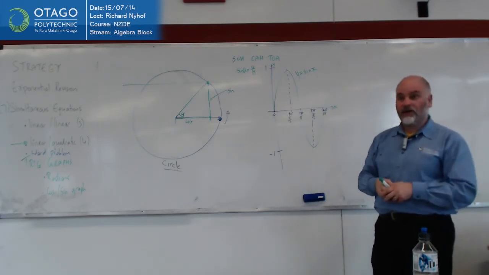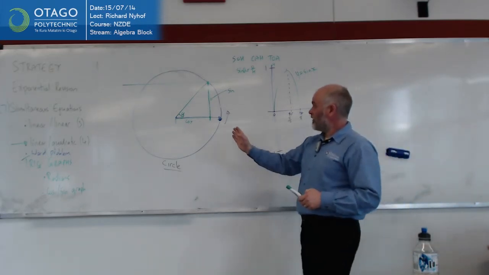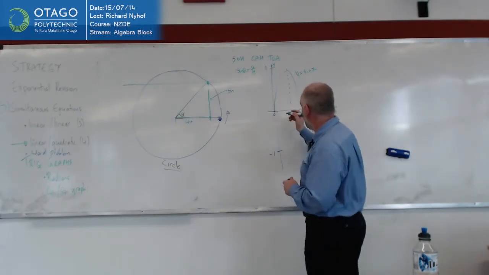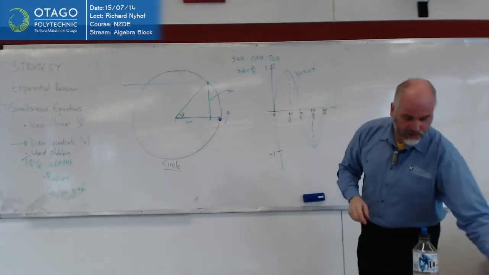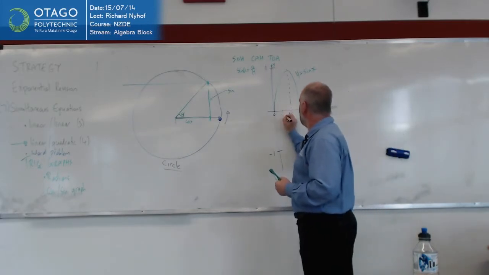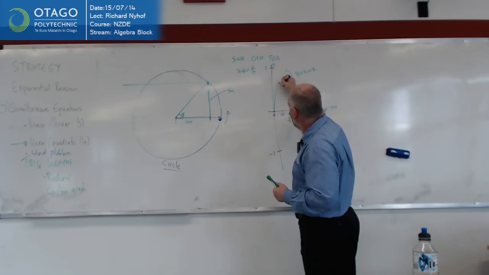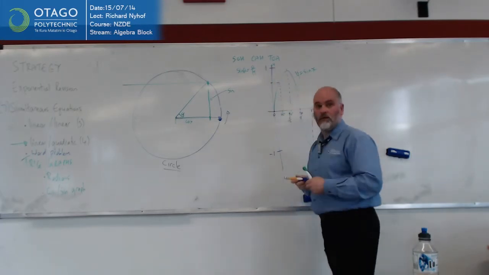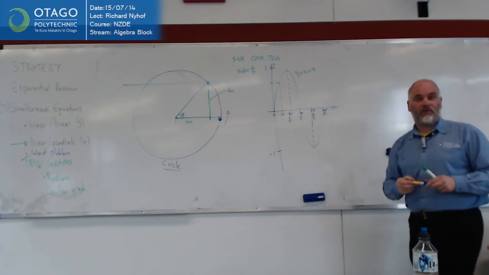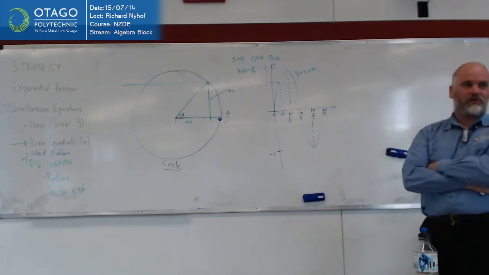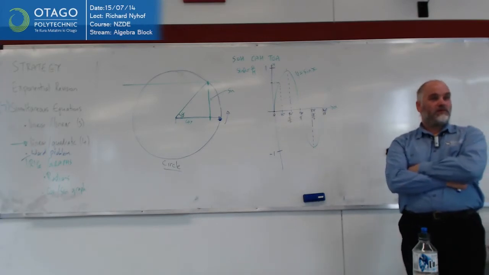So straight away, if I've gone around 45 degrees, so I put 45 degrees on here, how far up am I? What does it look like on my picture, roughly? So about 0.75, about 3/4 up.